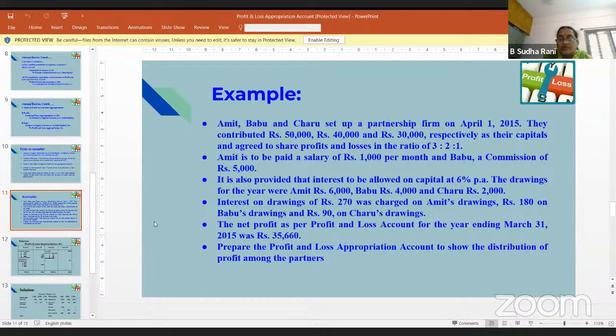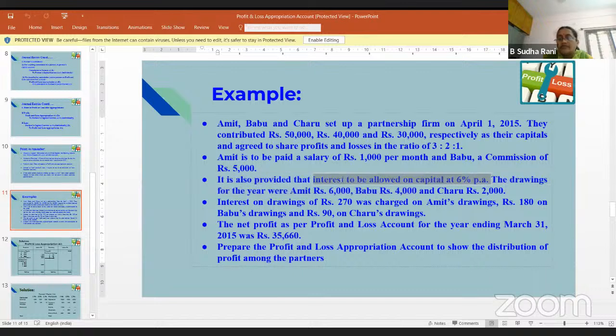What is the next one? Interest to be allowed on capital at 6%. So have we been provided the capitals?